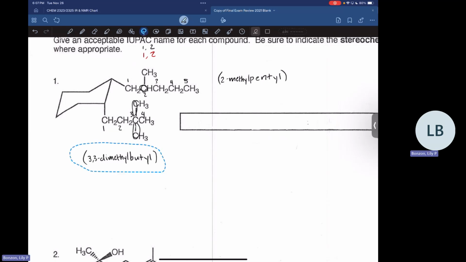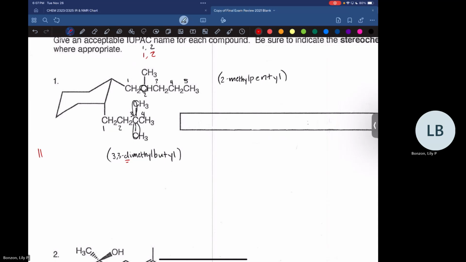So now to determine the alphabetical priority for these two substituents, we have to look at the lower alphabet. Remember that anytime we're looking at our alphabet, we do not consider number prefixes. Our number prefixes would be di, tri, tetra, any of those. So we're going to ignore the number prefix that we have on the bottom substituent, and then we're just going to move on.